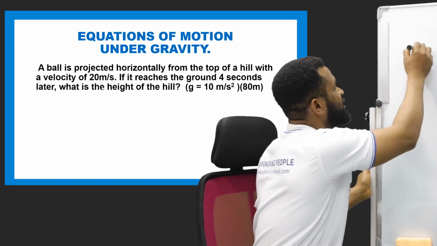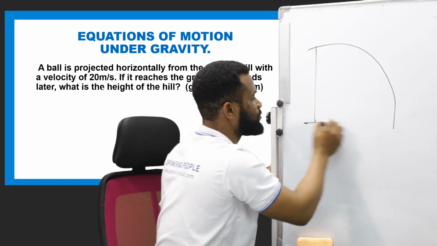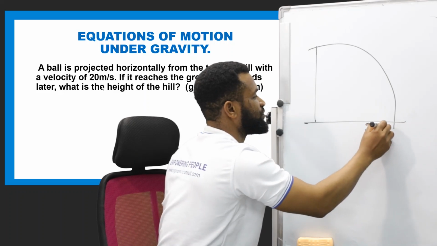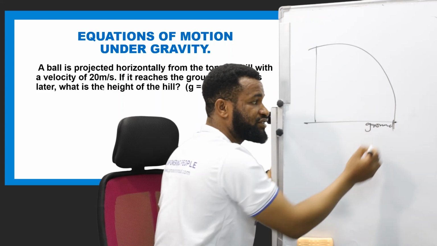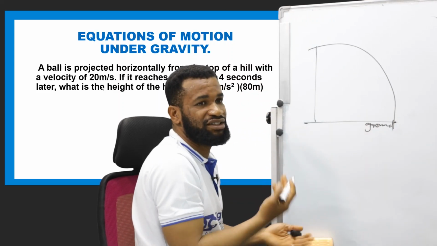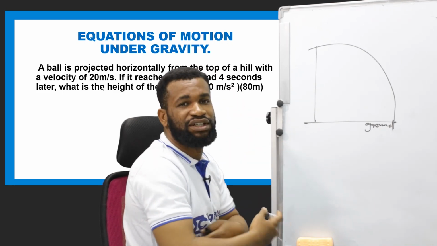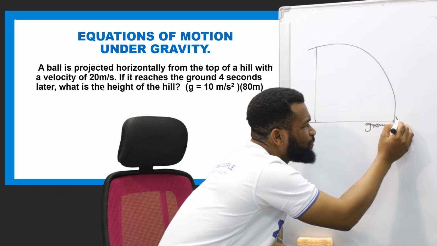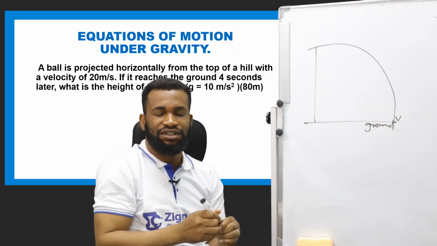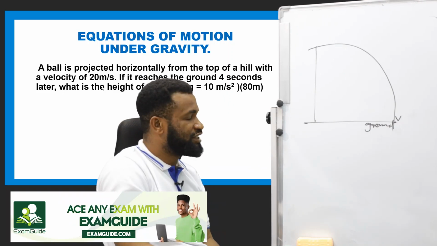Okay, this is the hill, and the body was thrown this way. This is the ground. If you consider the velocity at this point on the ground, it is 0. However, the velocity I'm talking about is the velocity just before it hits the ground.